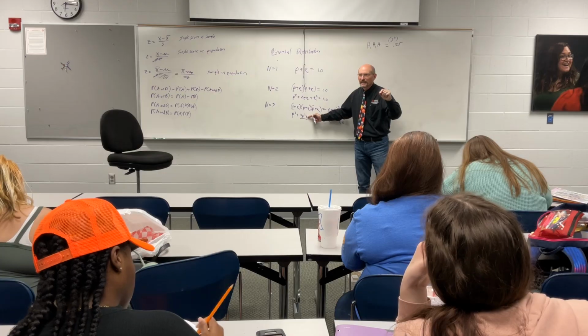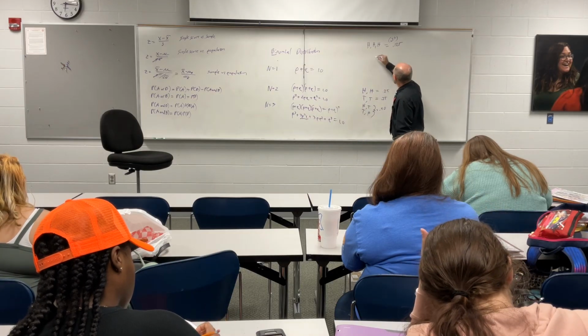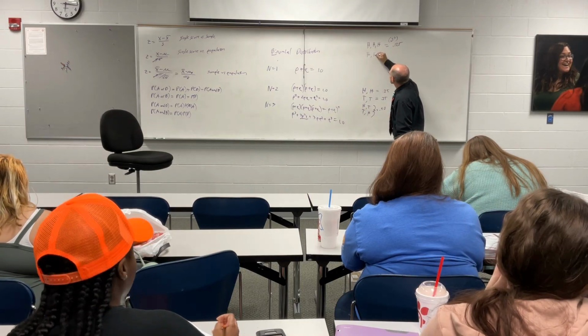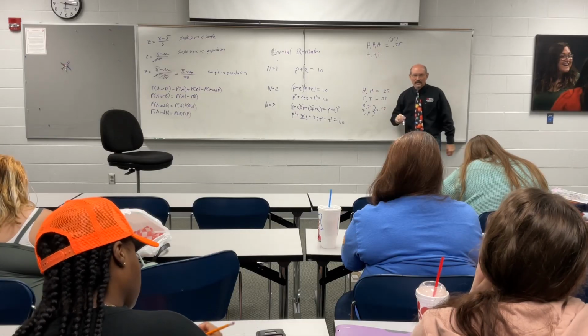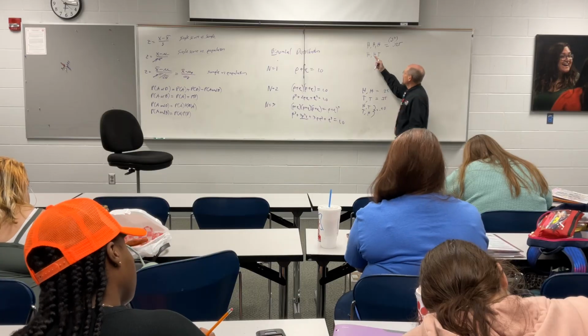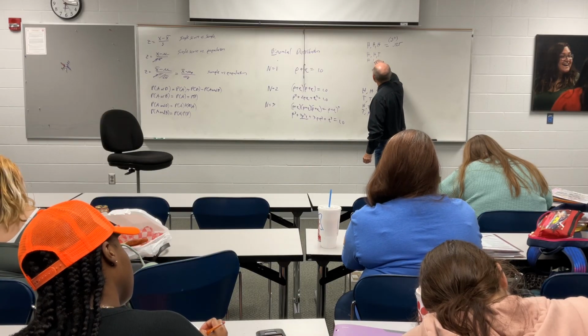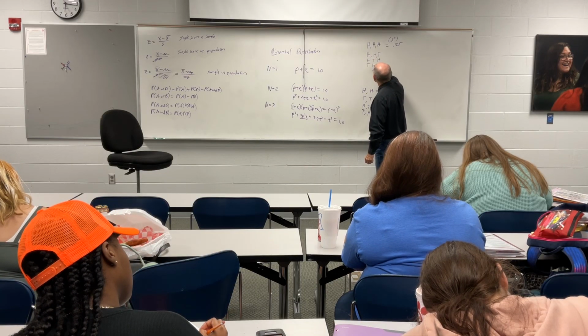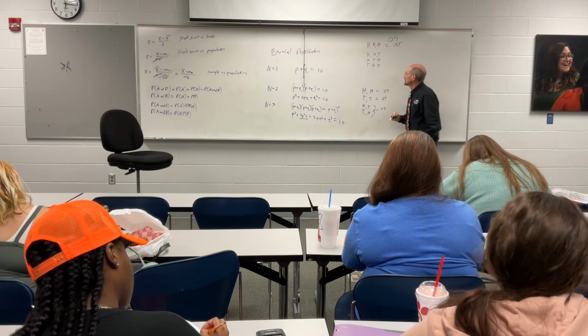Come back to that in a minute. So this is essentially heads, heads, tails, but there are 3 ways to do that. I can go heads, heads, tails, or heads, tails, heads, or tails, heads, heads.